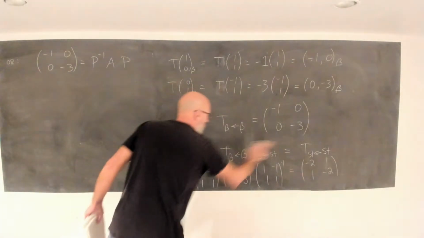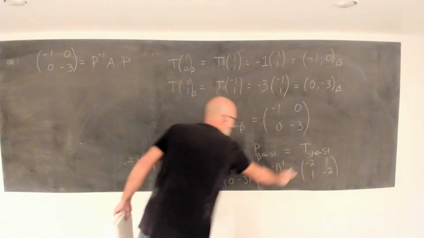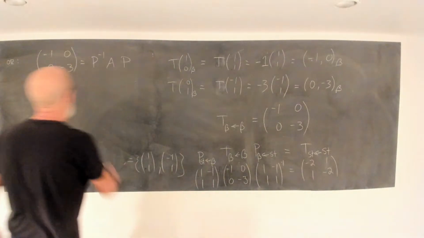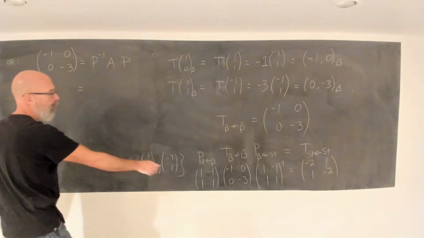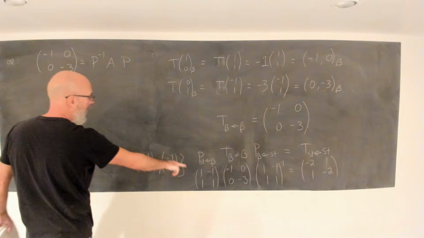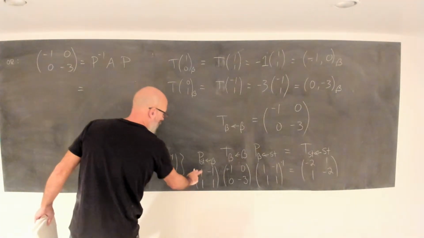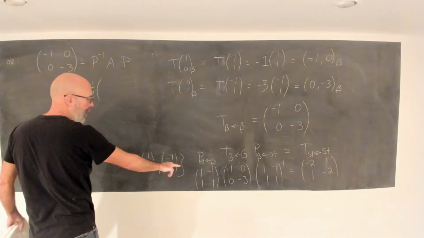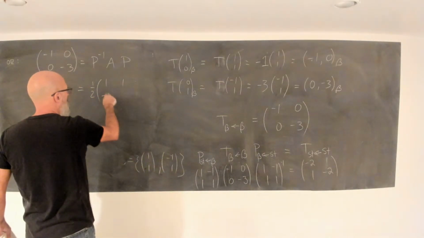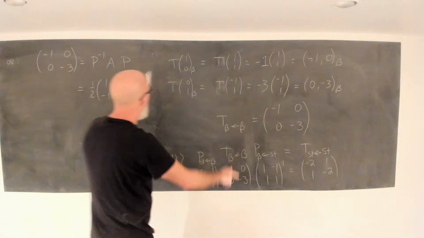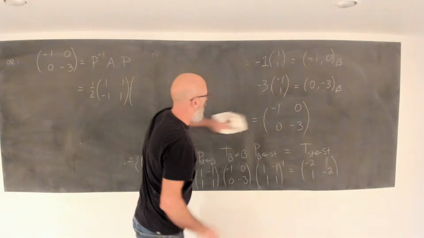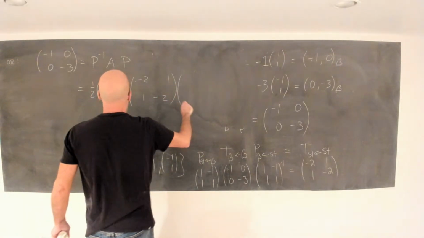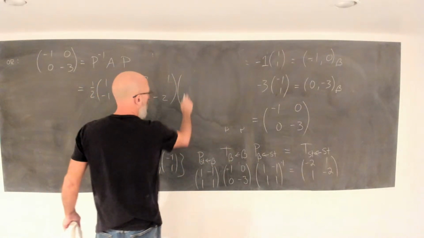When you bring this to the other side, it's P inverse AP. So let's work it out. The inverse of this has determinant 2, so 1/2, 1, 1, -1, 1, A.